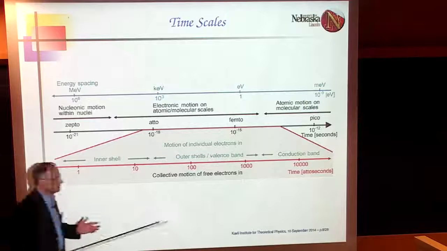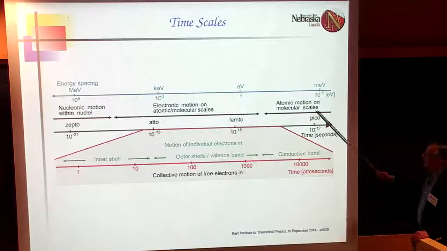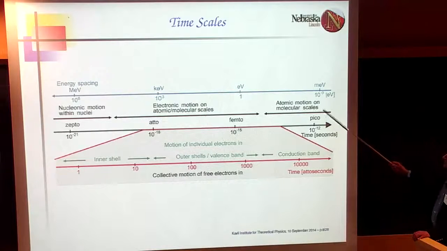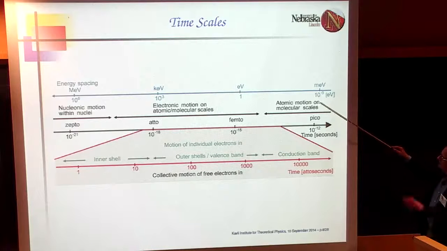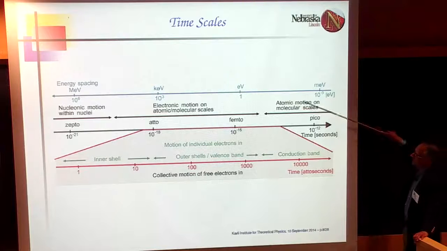And generally, in physics, we know that the energies of motion of quantum objects are related to the periods of their motion. So if you have atoms moving on molecular timescales, these are measured in picoseconds or trillionths of a second.